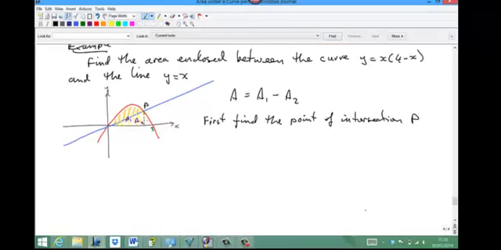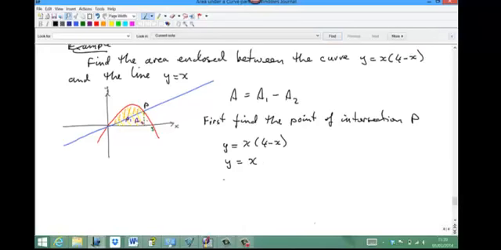So first we need to find the point of intersection P, and we do that by solving y equals x(4 minus x) and y equals x simultaneously.